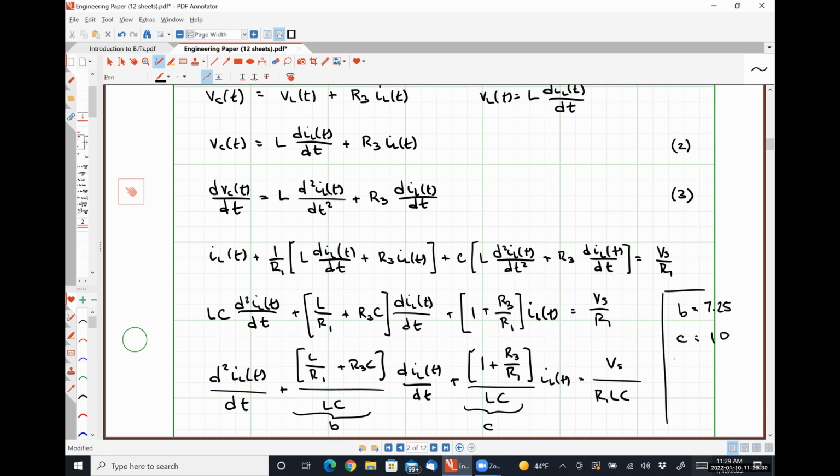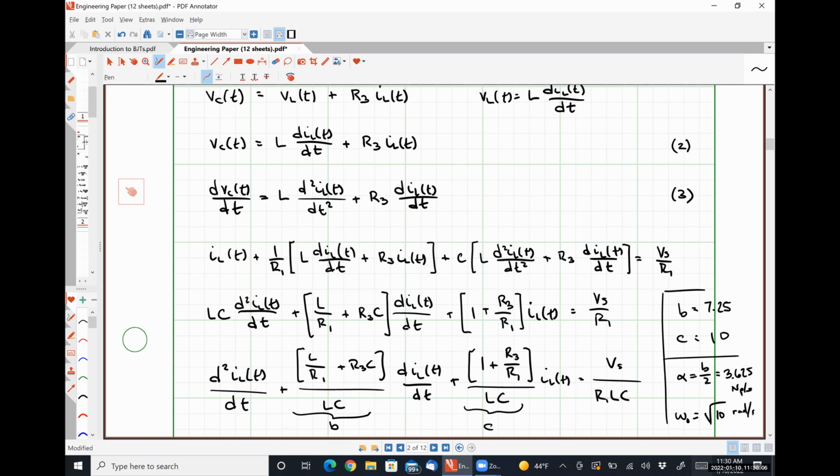That's 10. And so from this, alpha, which is just 1/2 beta, is 3.625 Nepers per second. And omega naught is then just going to be the square root of 10 radians per second, where the square root of 10 is 3.162.